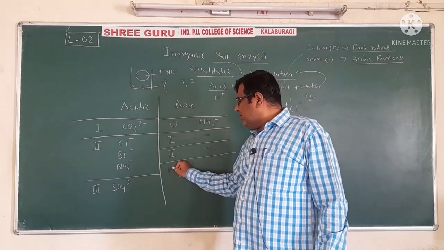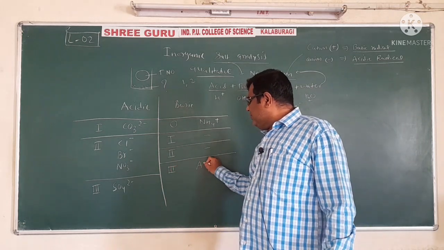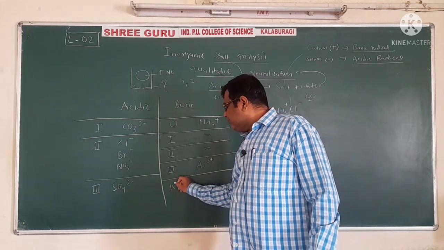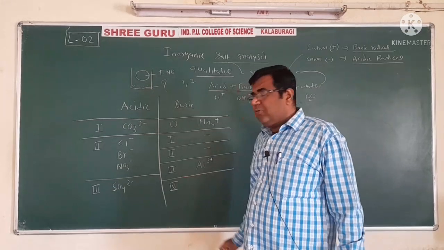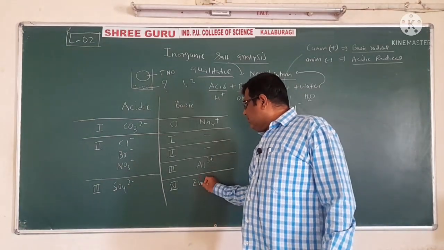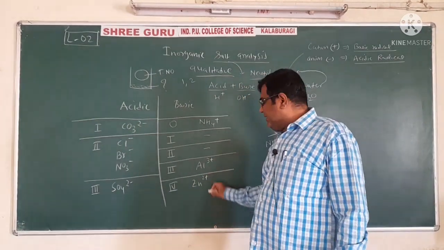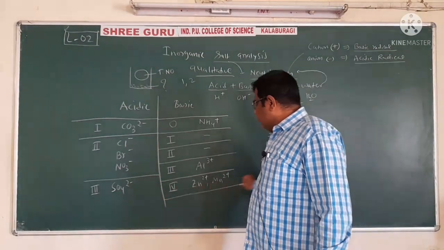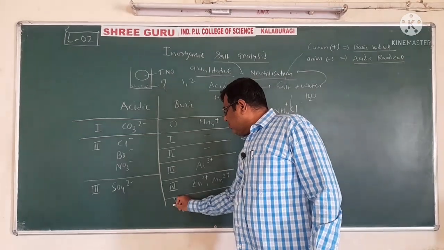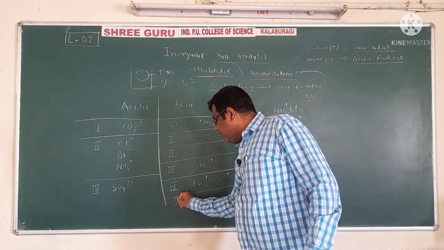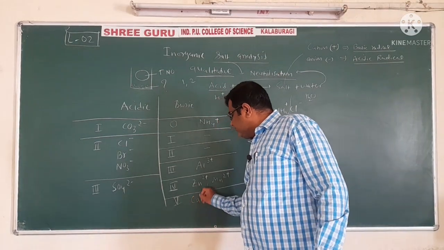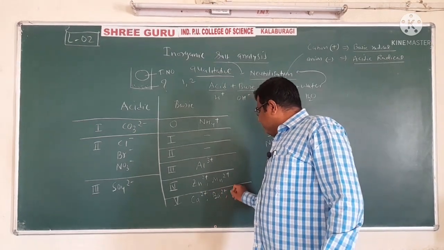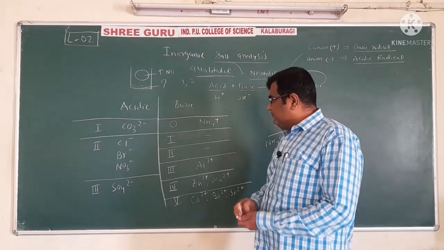Group number III, we have aluminium radical. Group number IV, we have Zn2+ zinc radical and manganese radical. Group number V, we have calcium, barium, and strontium.